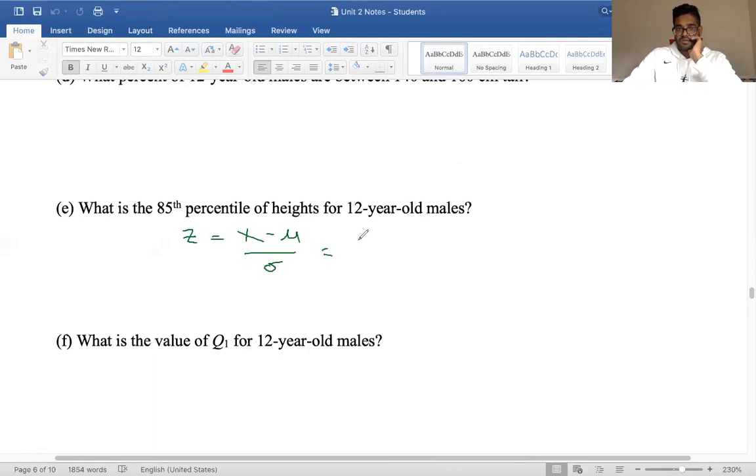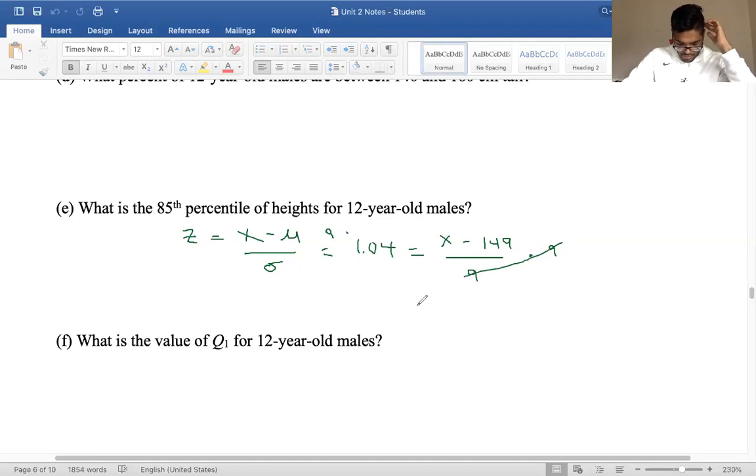Okay. So we found the z-score. So that's 1.04 equals the x value, which we're going to solve for, minus the mean, which is 149, divided by our standard deviation of 9. Okay. Now we just multiply by 9 on both sides. Now we change some algebra. Okay. These cross off. I didn't do the middle step.